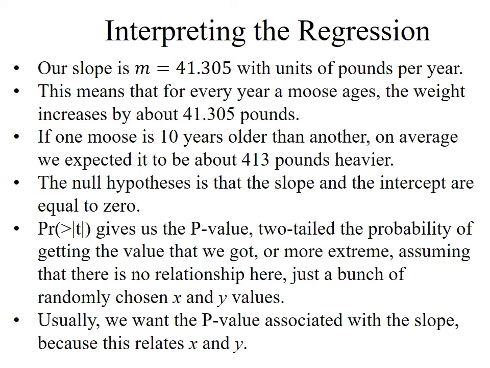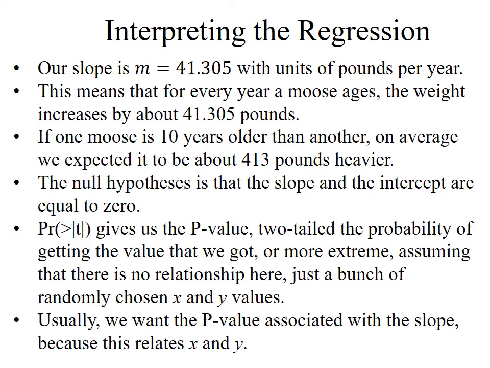The p-value says, well, what's the probability of getting data like this, assuming there's no relationship? That's super duper tiny. And so we say, well, therefore we reject the null hypothesis that our slope is statistically significant, because it's the slope that connects the x and the y value.